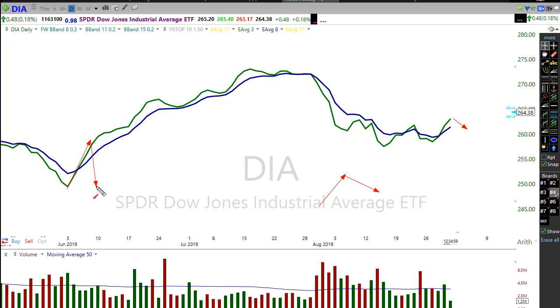So we want to wait for proof that we can hold as support. We get that rest, consolidation, or pullback, proof we hold as support, buyers step in, and that's what creates these potential entry points in the chart for long trades and for short trades.